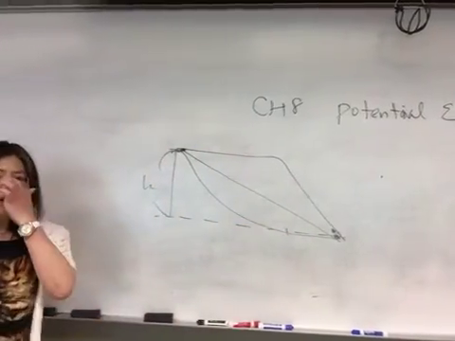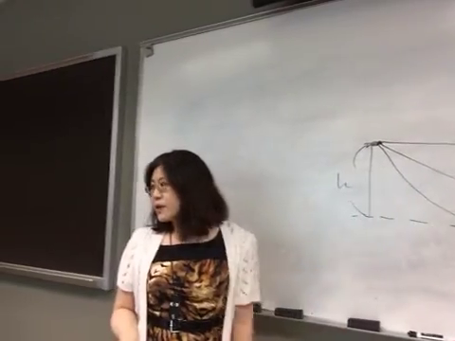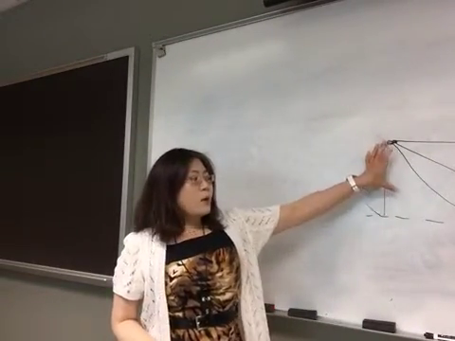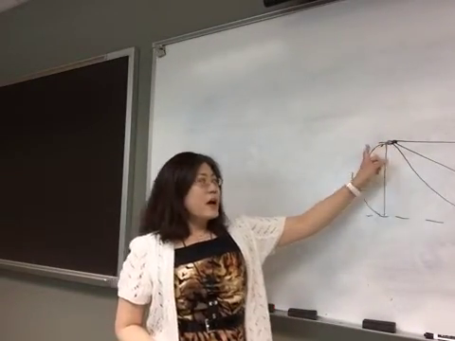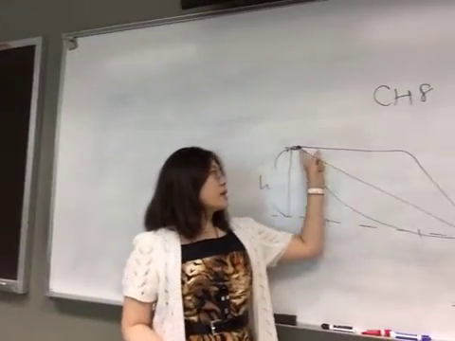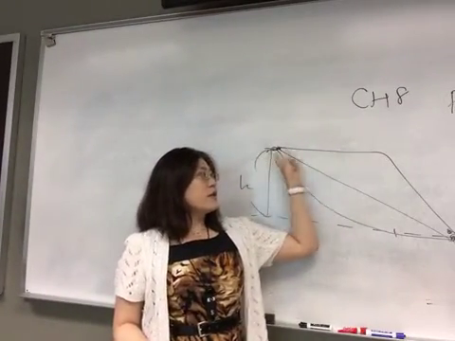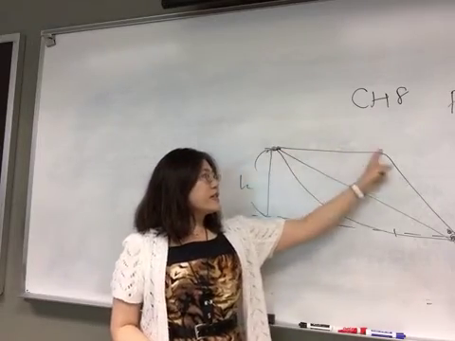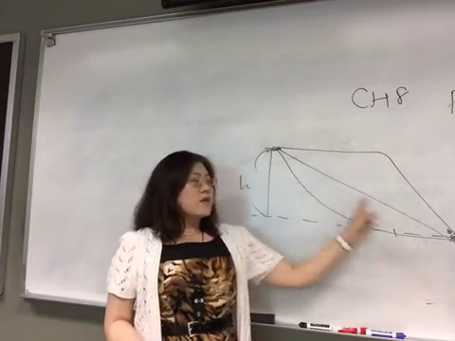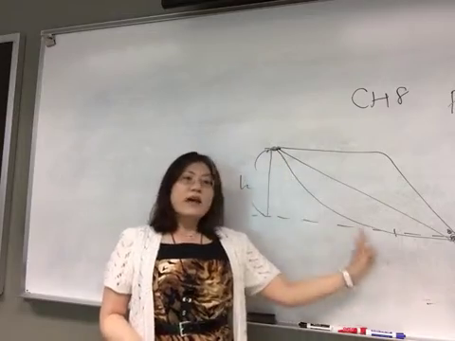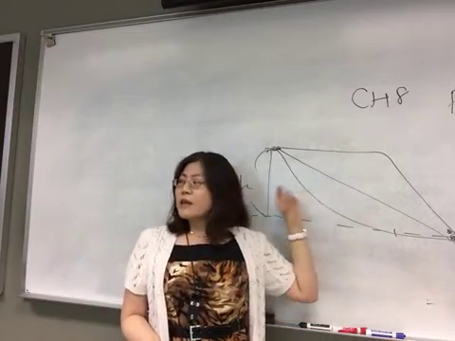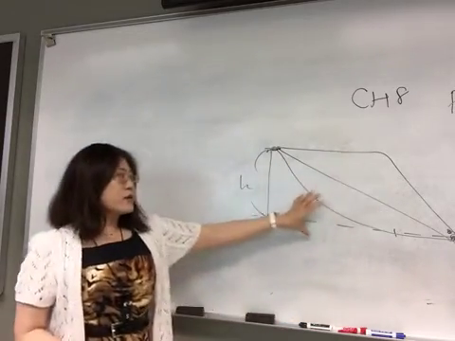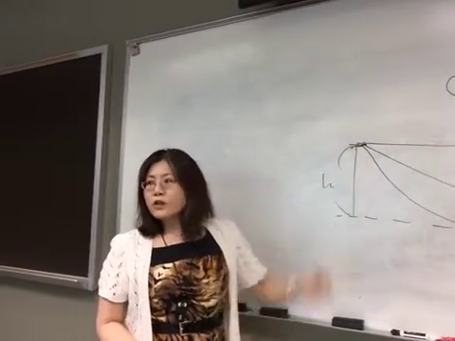So take, for example, 3 different tracks. Distance-wise, this distance is definitely much longer than this distance, and it's also longer than that distance, right? So the distances that the object travels are different, but the vertical separation is the same.